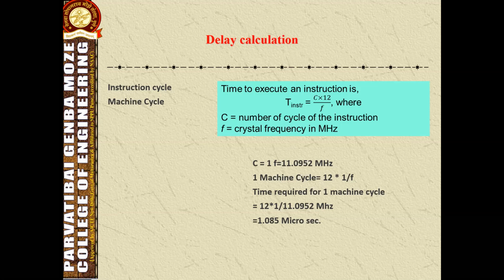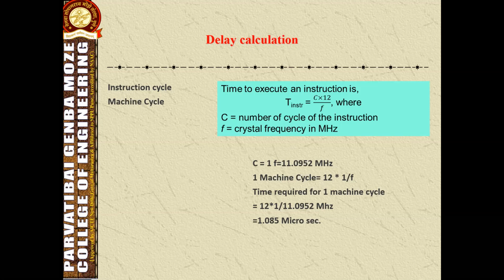A machine cycle is made up of 6 states. As I have told, each state has 2 clock pulses, so each machine cycle has a total of 6 states.